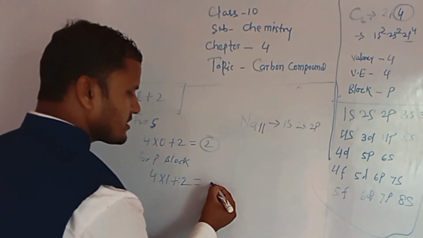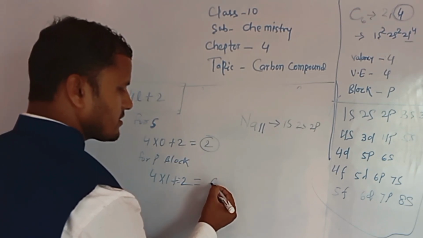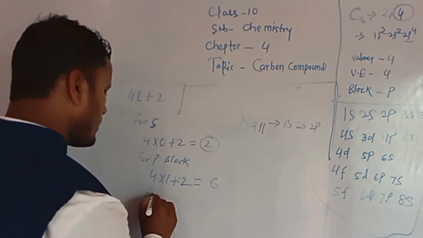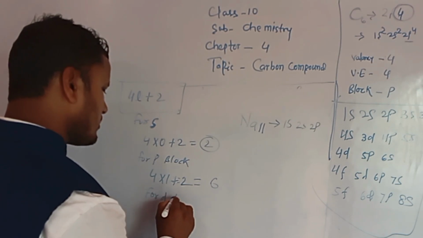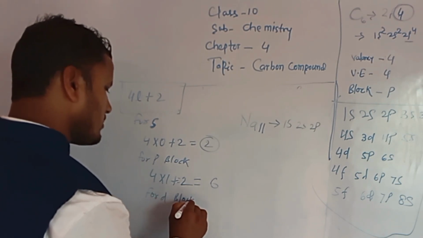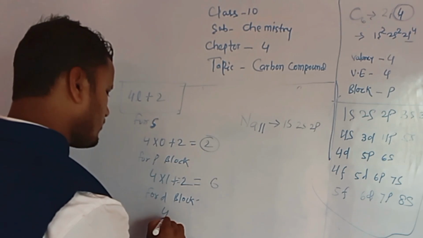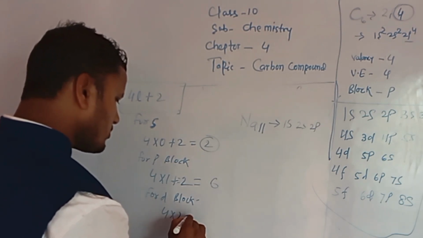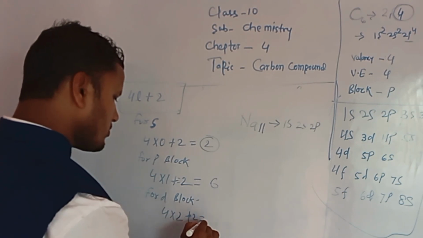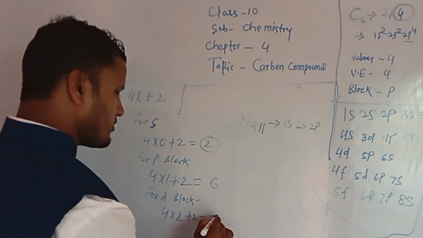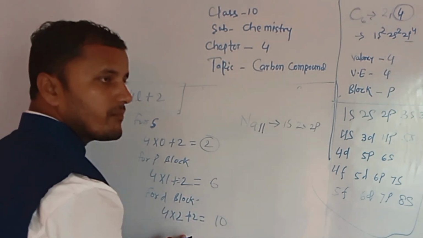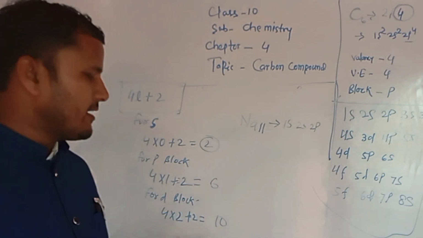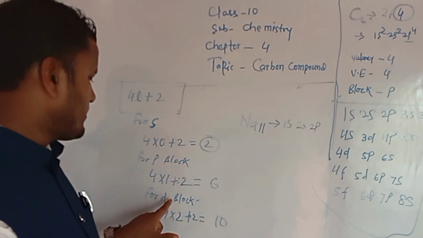Next, d block. 4 into 2 plus 2, 10. Then this becomes 10. It means how many electrons can live in block d?